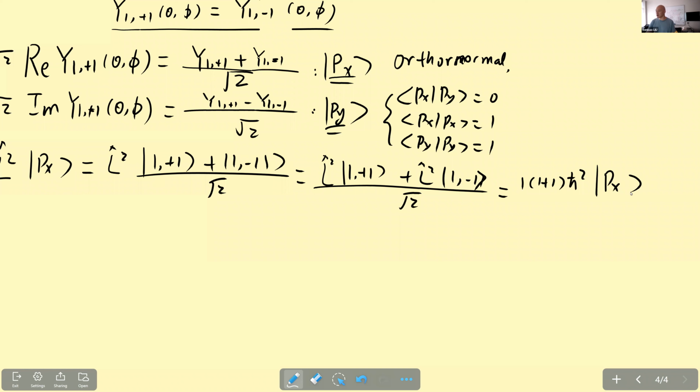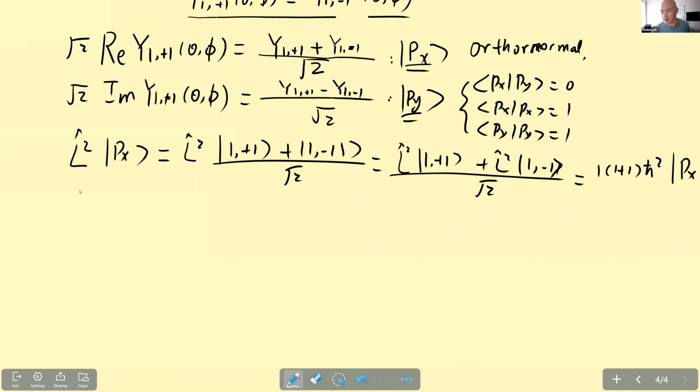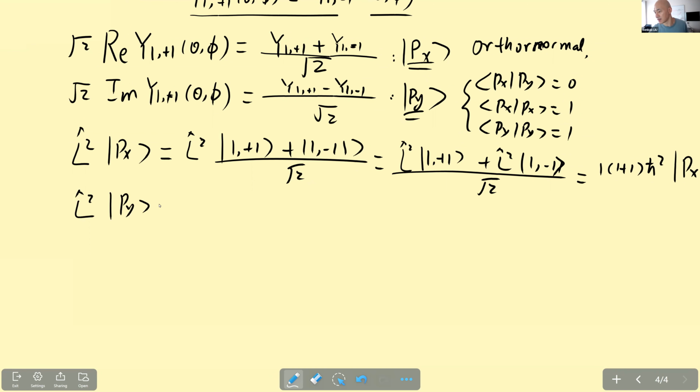And similarly, you also have py that equals to L times (L plus 1) times h bar squared times py, with of course L equals to 1.